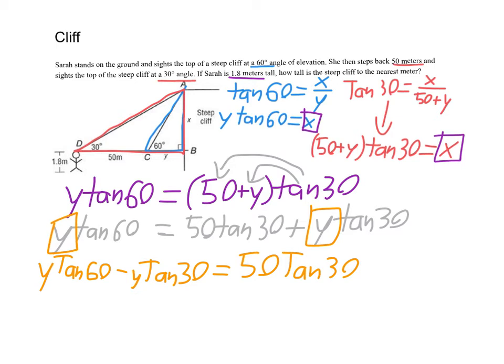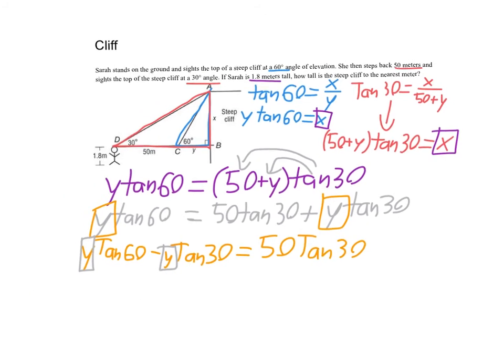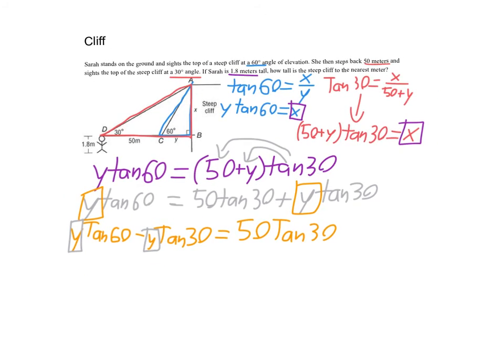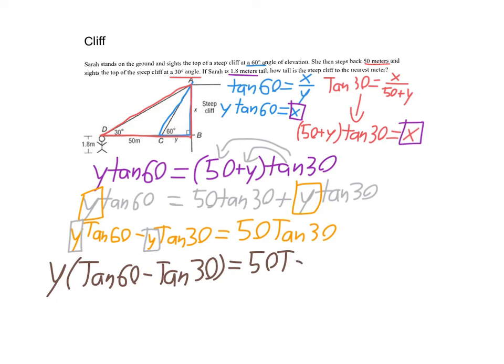Note that on my left side, I have two y's, which means that I can now factor them out, such that I can rewrite the left side as y times the tangent of 60 minus the tangent of 30 is equal to 50 times the tangent of 30.